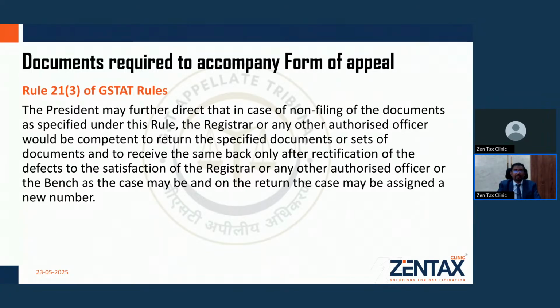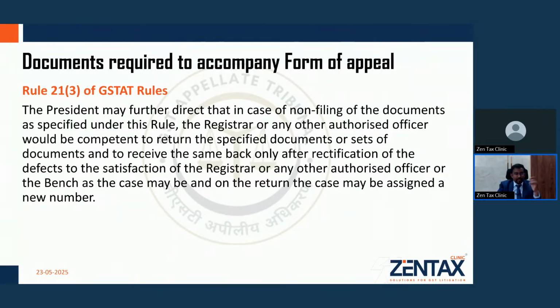He may return the specified documents or the sets of documents, multiple sets were filed, then he may return it, and with the direction that he will receive it only after rectification of the defects to the satisfaction of the registrar, right?